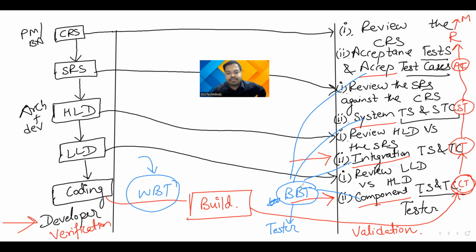Please remember, all the types of testing that you have written under validation are the 4 types of black box testing. You may ask me, Manish, do we have only 4 types of testing under black box? No, we have so many types of testing under black box testing. As of now, you are learning only these 4 types. In the upcoming days, you will learn more about black box testing types.